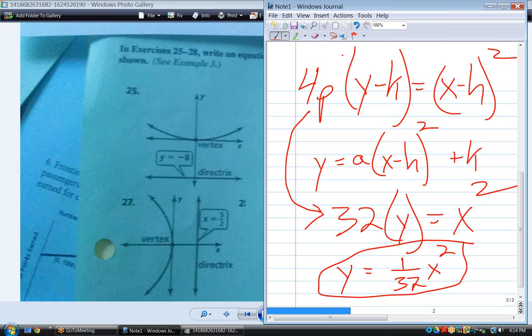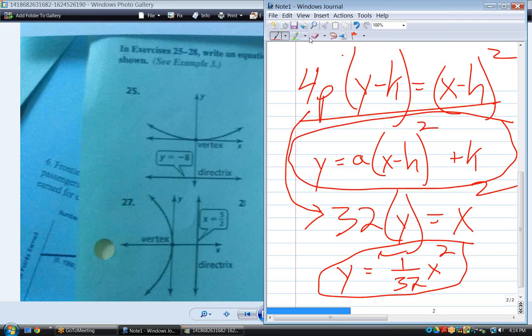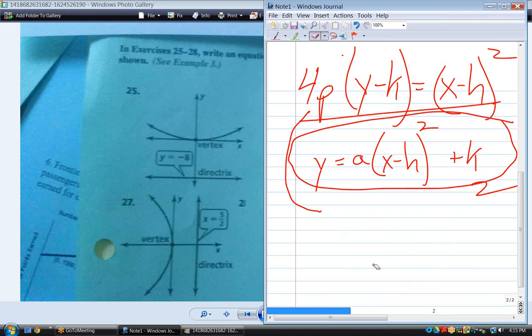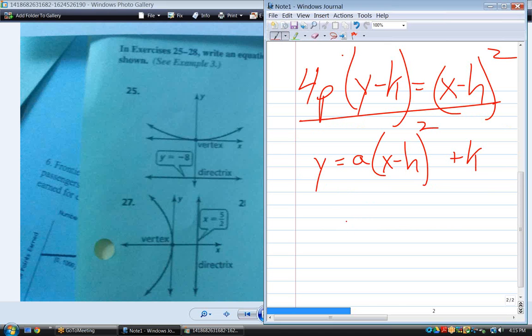Okay? Now notice I could have gotten this answer without using that format, but I would have had to know that A equals 1 over 4P. In other words, if you're going to use this format everywhere, then let's do that. But you have to know how A relates to P. So if A equals 1 over 4P, and I know P is 8, then A is 1/32nd.